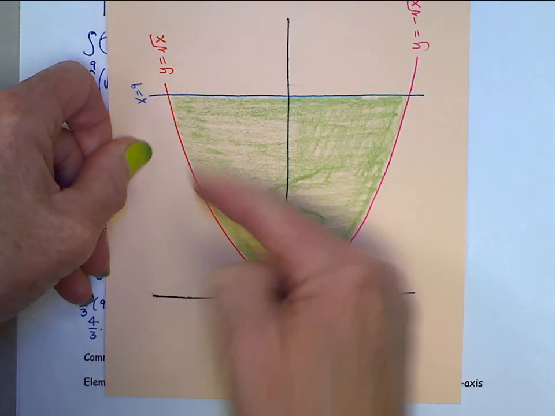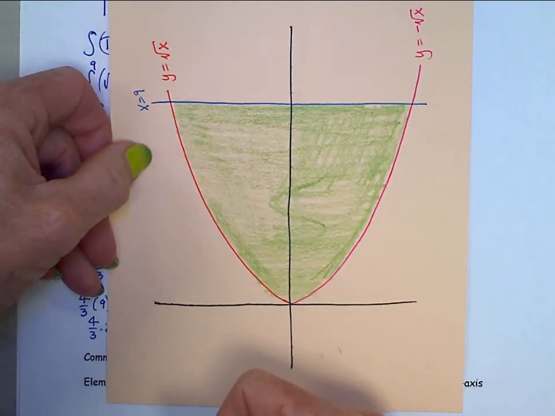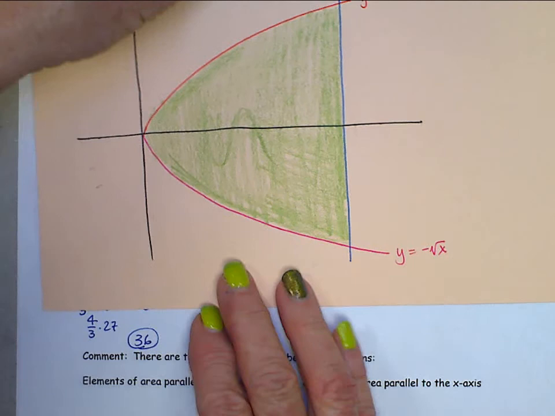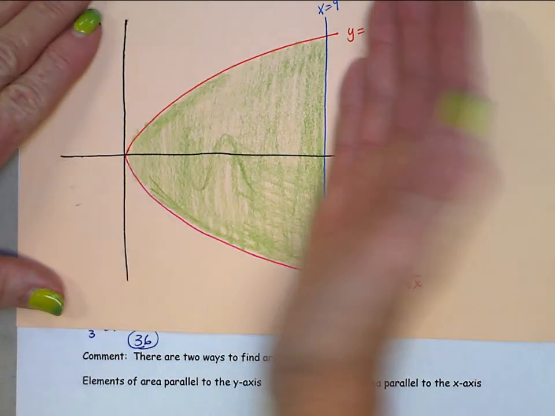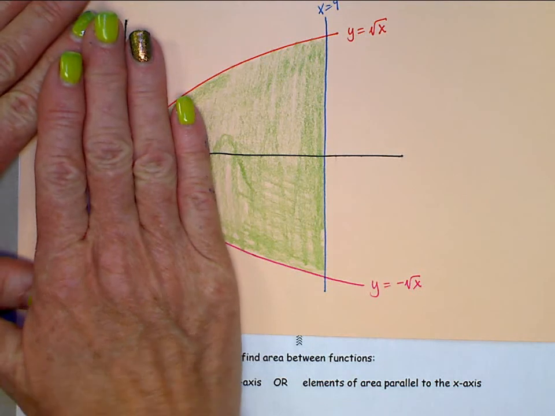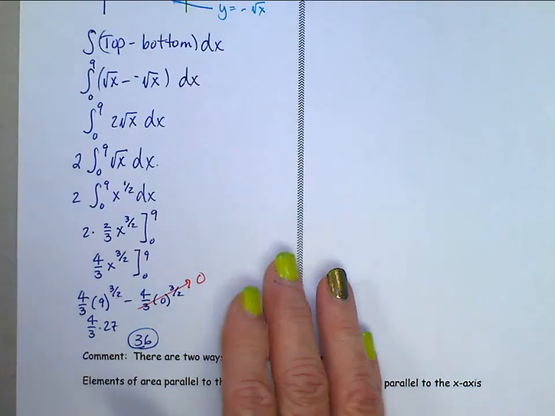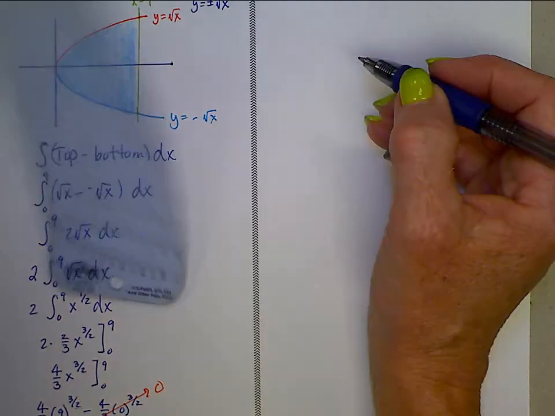So we can shift the way that we look at this, and instead of doing top minus bottom, when we put it back the way that it was originally, we have right side minus left side. So we can shift the way that we're looking at finding that area. I'm just going to redraw this very quickly.